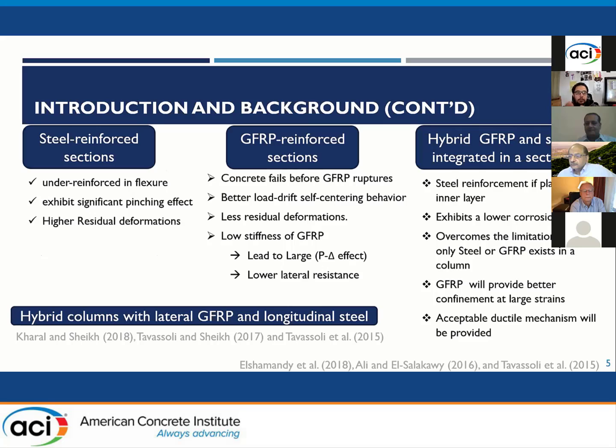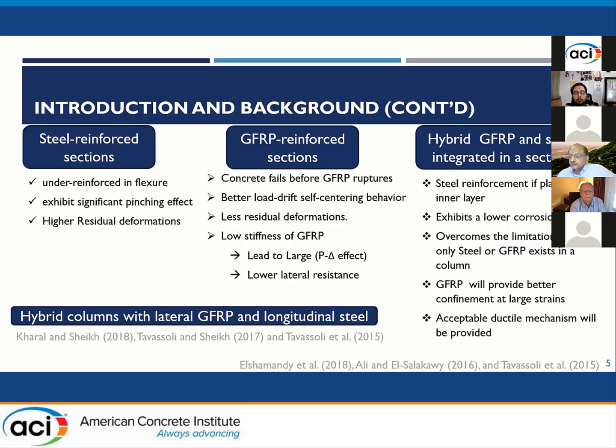Just to compare them side by side, a steel reinforced section is usually designed to be under-reinforced, where we allow yielding of steel before crushing of concrete. This usually exhibits a pinching effect in the hysteresis curve because of the inelastic deformation associated with the steel yielding, and also leads to higher residual deformations compared to GFRP reinforced concrete columns, where we may allow concrete to fail prior to the rupture of FRP.